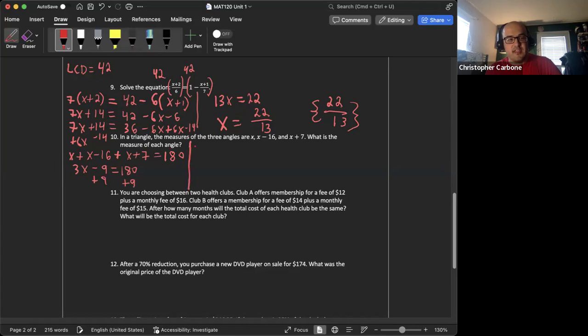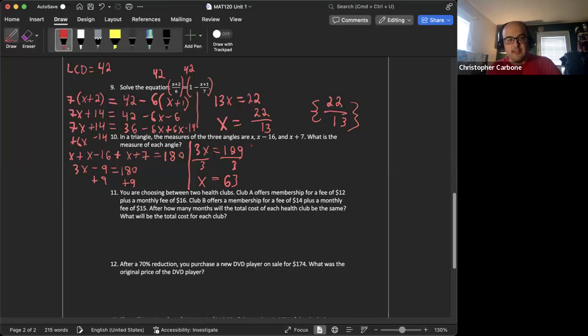So this would be 3x is equal to 189. And then divide by 3. x would be equal to 63, based on this equation.